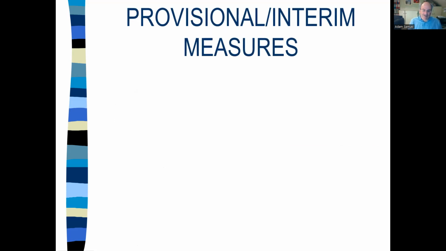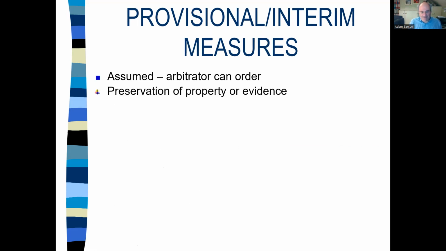Many arbitrations are actually decided at the interim measures stage, and this should not be taken lightly. Nowadays, we assume, and it's in statutes and arbitration rules, that arbitrators can order 3 different types of orders. These are normally regarded as conservatory measures, keeping property or evidence.